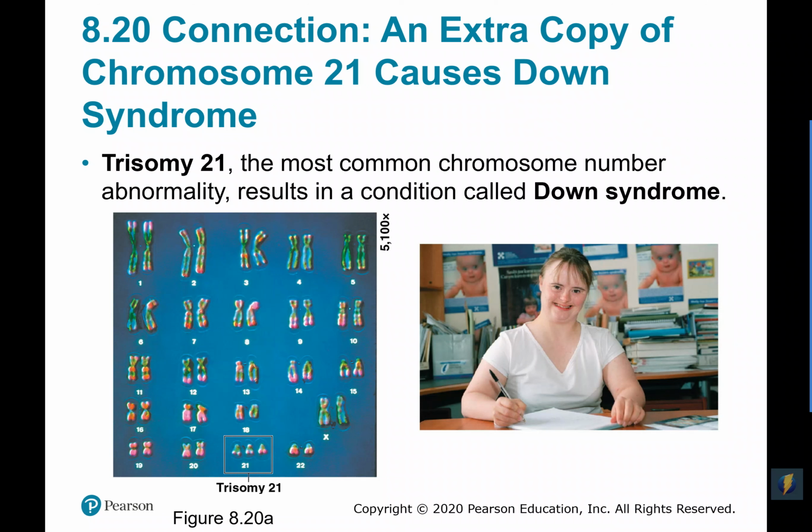They've actually made great strides recently, just in the last 20, 30 years even, in caring for people who have trisomy 21. 20, 30, 40 years ago, if you had a Down syndrome diagnosis, the expected lifespan of somebody with Down syndrome was pretty young, in the early 20s, but now there are adults who have Down syndrome that still live very fulfilling lives.